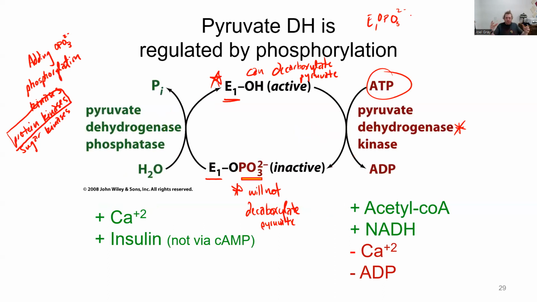But we added another wrinkle whenever we introduced these kinases and phosphatases, because they could be activated or inhibited by something like NADH, but that doesn't mean that they are acting in the same way on the pyruvate dehydrogenase complex.